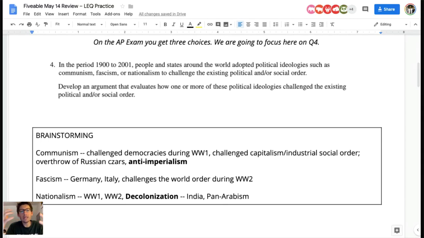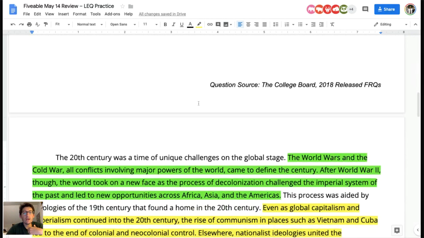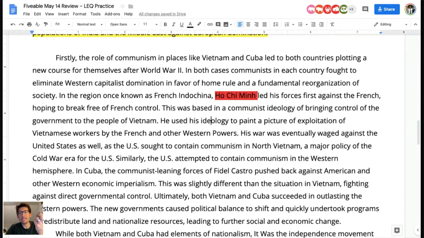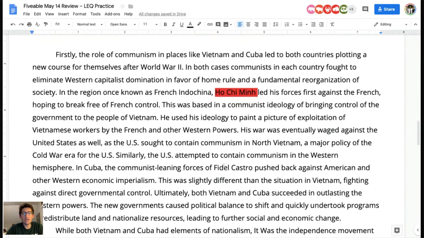So we are looking at this LEQ, and it's a pretty hefty thing, but you can do it. If you brainstorm stuff, all you got to do is make sure that you're going back and answering that question. Here, if I'm grading this, there is a lot of evidence that I can mark. I can mark that in red in the first one. I know I'm going to get at least 3 points within the first.